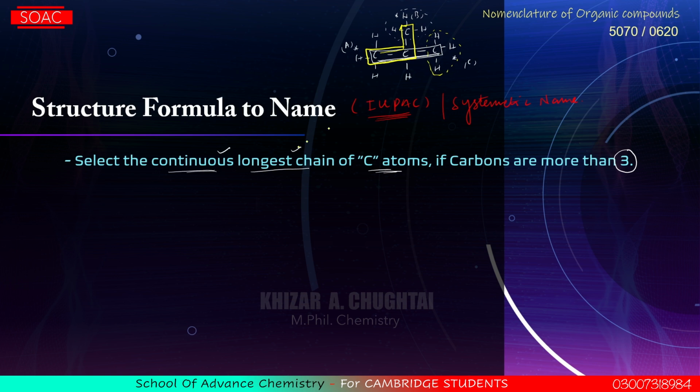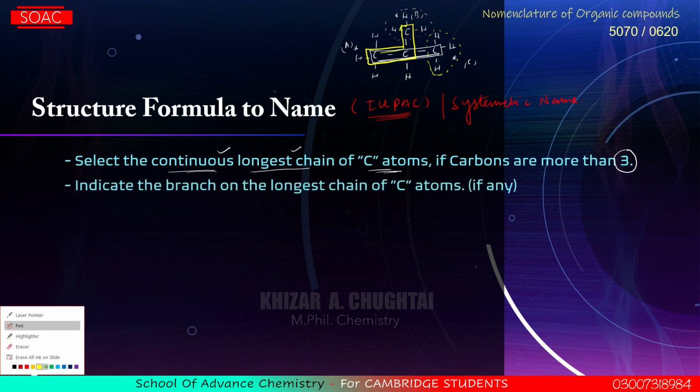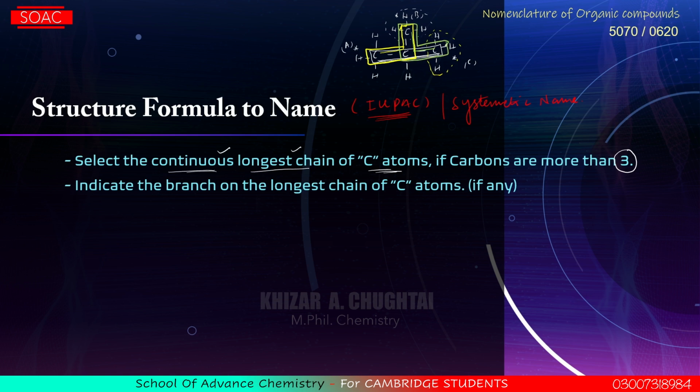Now I'm going to move from B to C with a different pen color. Let's see, I'm using my green pen. B to C or C to B, 1, 2, and 3. Again, if we are moving from B to C, then 3 carbon atoms are lying over here and one group is out of the longest chain. So any group that is out of the longest chain is said to be a branch or substituent group.